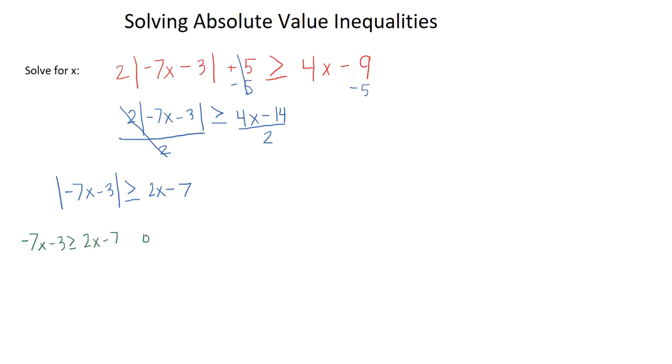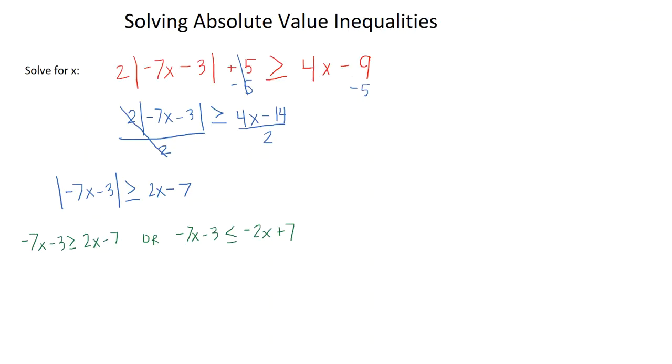And the other inequality is negative 7x minus 3, and then we switch the greater than to less than or equal to, and then we change the sign of each piece here. So 2x becomes negative 2x, and 7 becomes positive instead of negative.